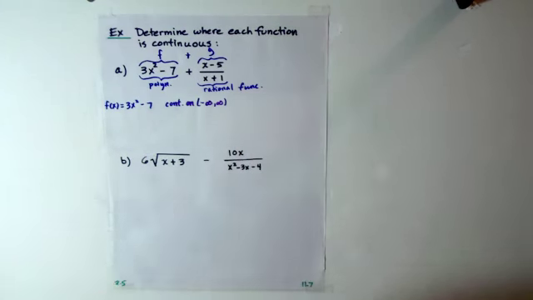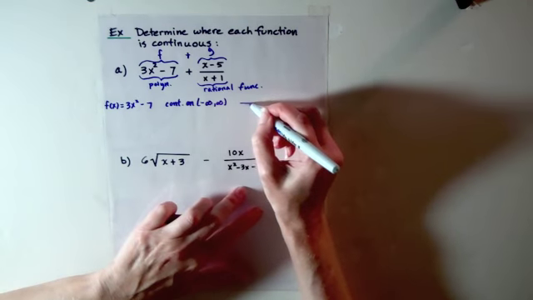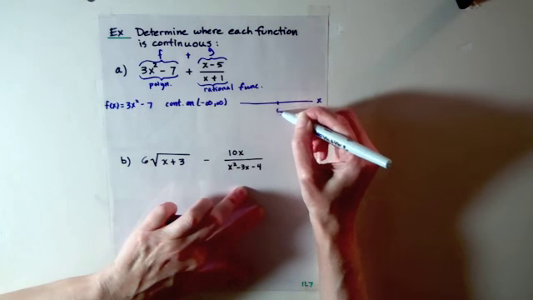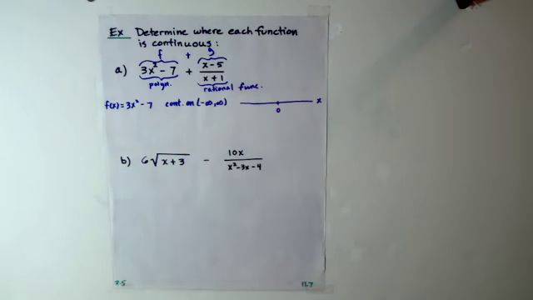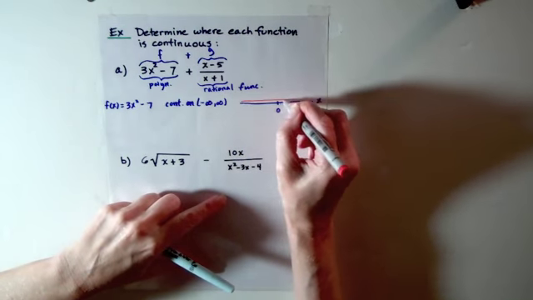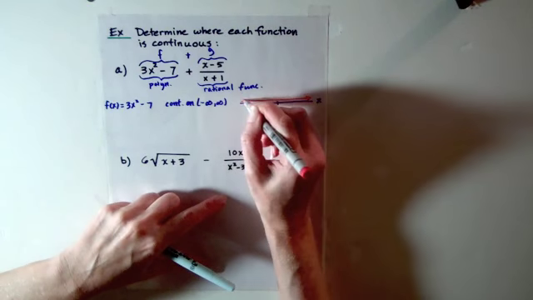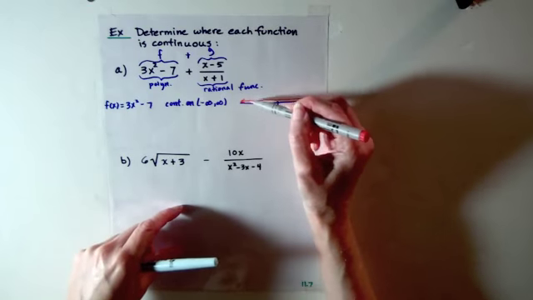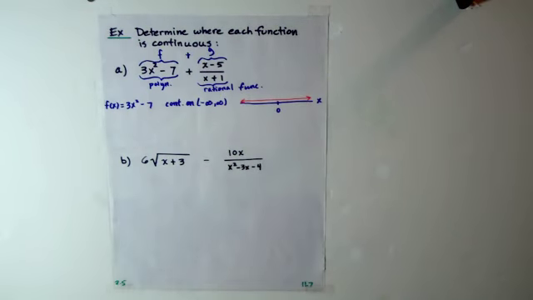In fact, if I drew a little graph of where it is continuous, and here I'm just drawing the x-axis, f of x would be continuous at every value of x from minus infinity to infinity. So it would be continuous at every point along this red line that I've drawn.